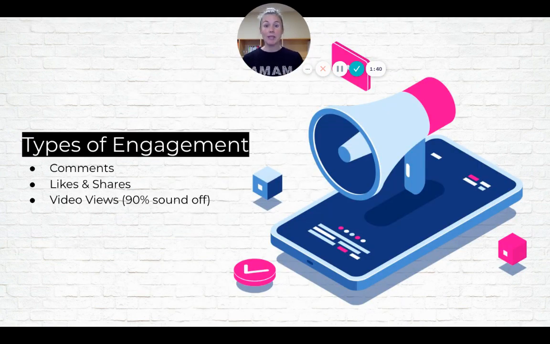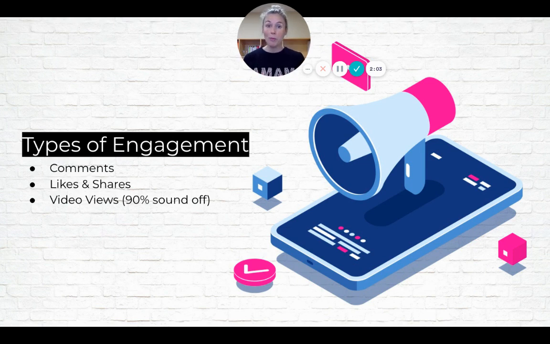So what are the types of engagement? Facebook's number one metric for engagement is comments. If you can get comments on your Facebook ads, your Facebook posts, any of your content, Facebook is going to judge that really, really highly. The second is likes and shares. A comment would be better than a like. Shares are really powerful. And then also video views.